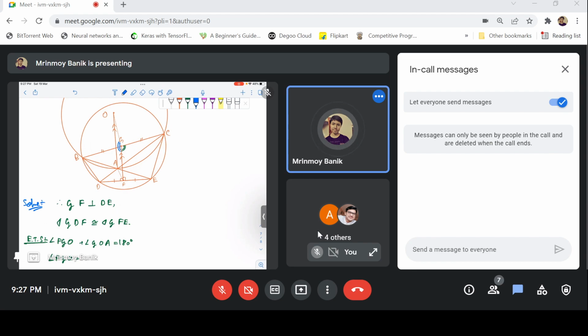Just a minute. So there's just any random circle and a chord, and a perpendicular is dropped.